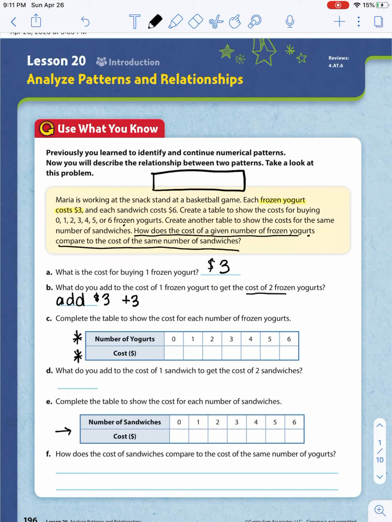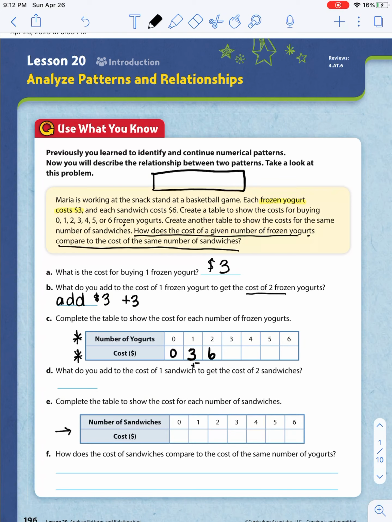So if we're going to go up by 3 each time, they want us to go ahead and complete the table. If we didn't have any frozen yogurts, we didn't buy any, the cost would be $0. If we bought 1, the cost would be $3. If we bought 2, that's the original $3 plus another $3. So we're going up by 3. So that would be $6. If we wanted to buy another one, we would add 3 again.